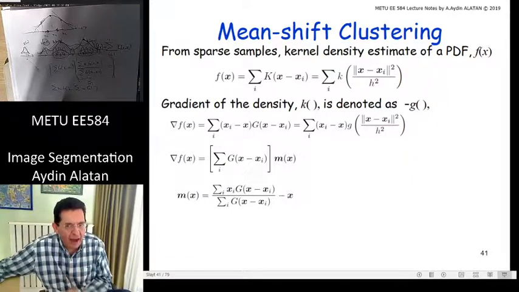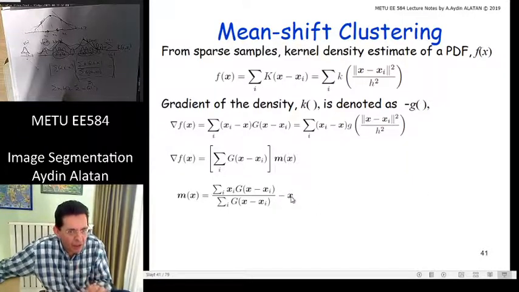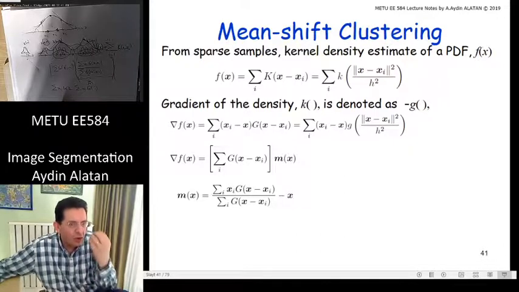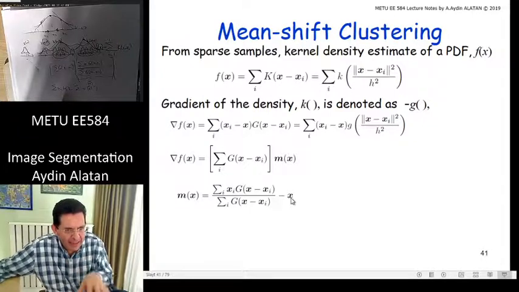This is the weighted average of the samples. And this is the point where you are interested, x. You would like to find the gradient at this point. X is your current point. M of x is showing the weighted average subtracted from this x.